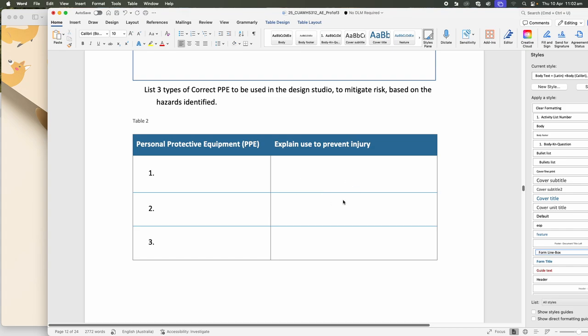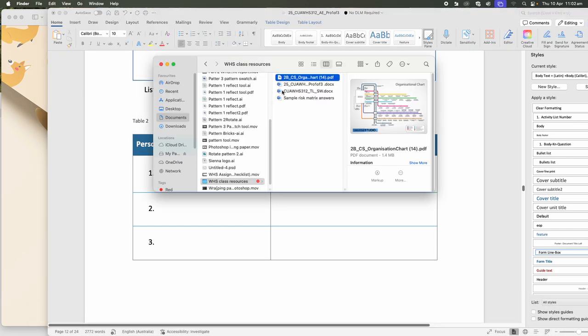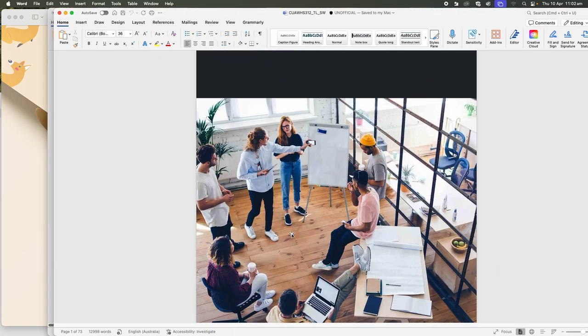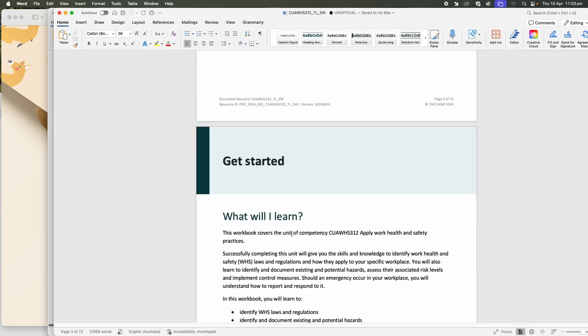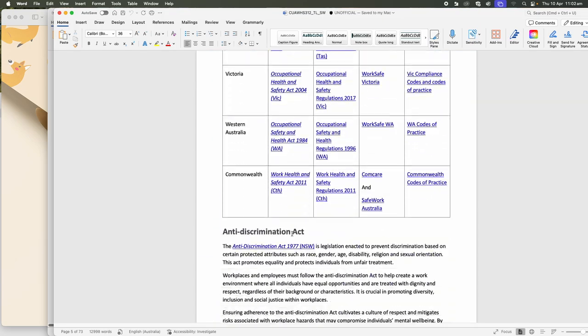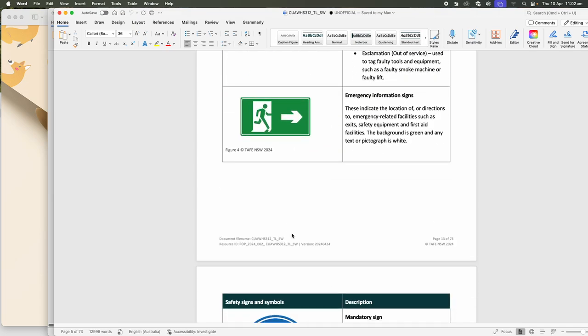And how are they helpful? So again, if you're not sure how to answer that, have a look at the student workbook, and it also gave you that list of personal protective equipment down here.